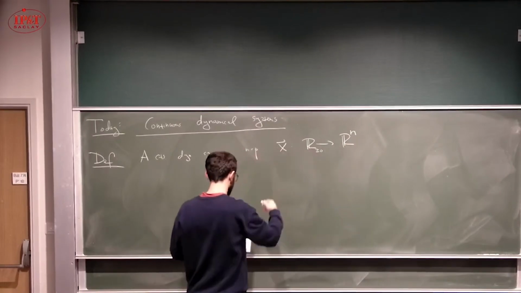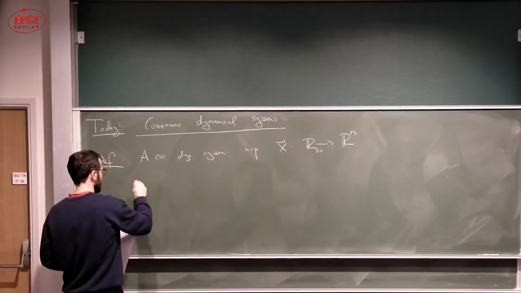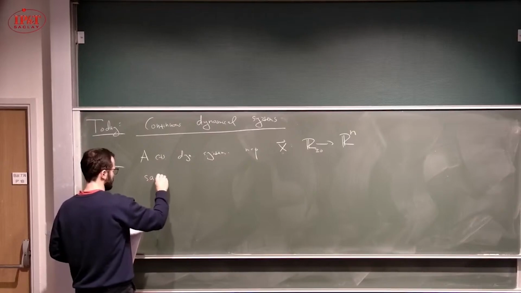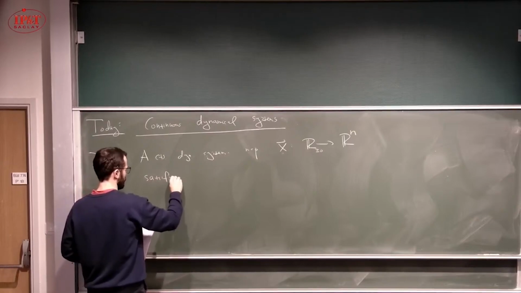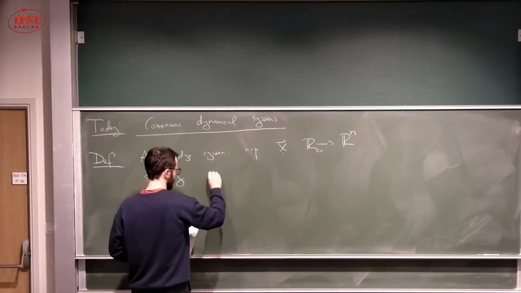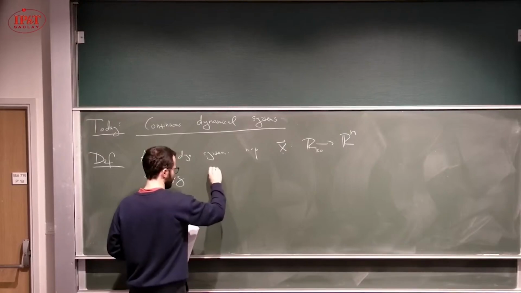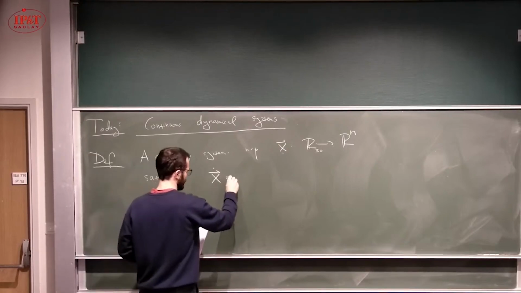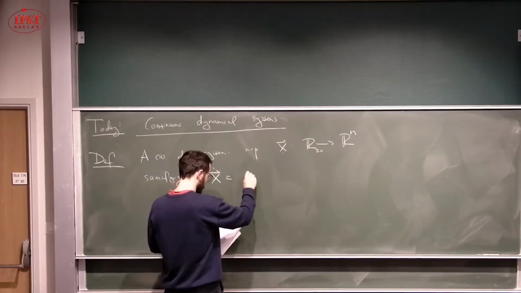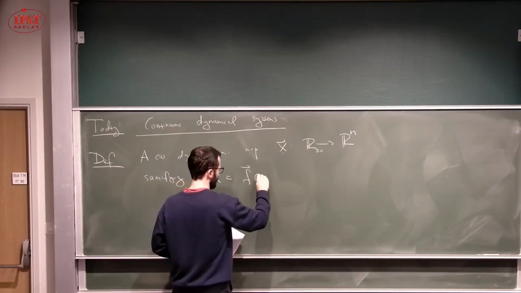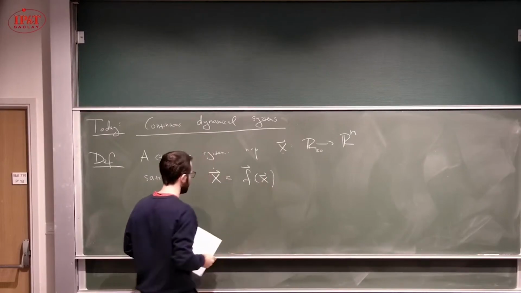So x is a vector in Rn, which satisfies some first order differential equation: x dot is equal to some vector function, which depends on where you are in Rn.